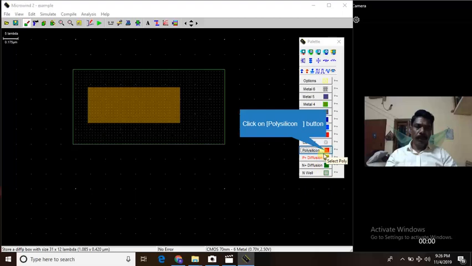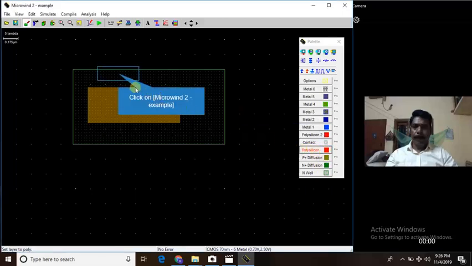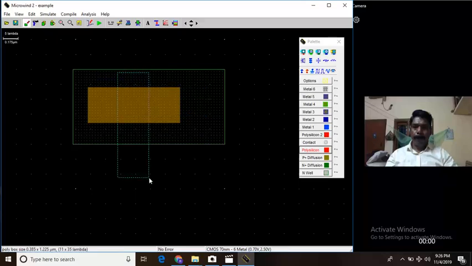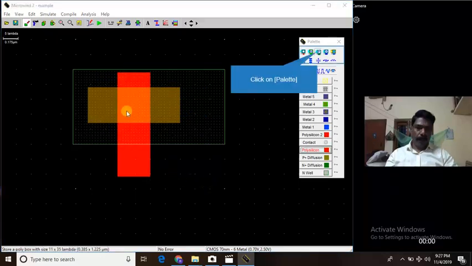Then the gate is polysilicon. This gate, this source, this may be drain, gate, and source.